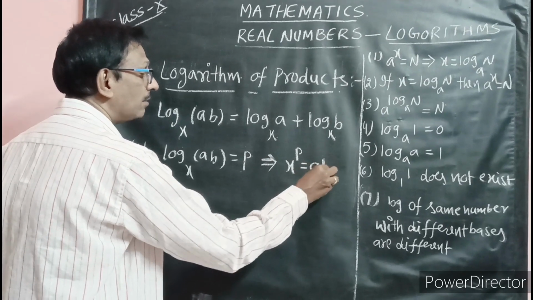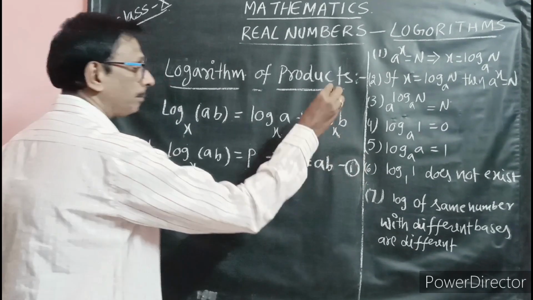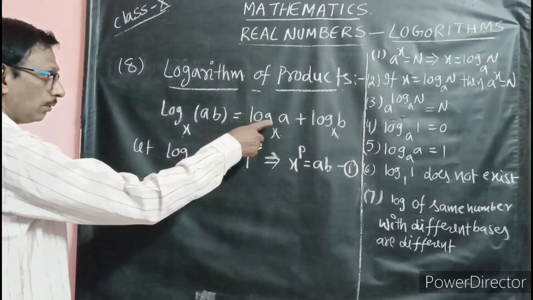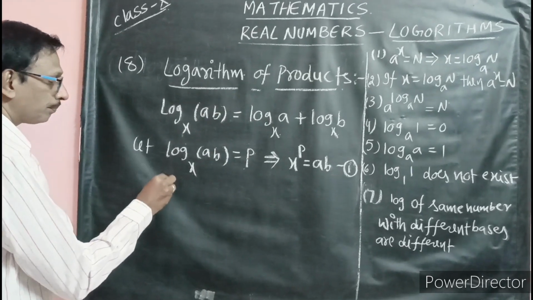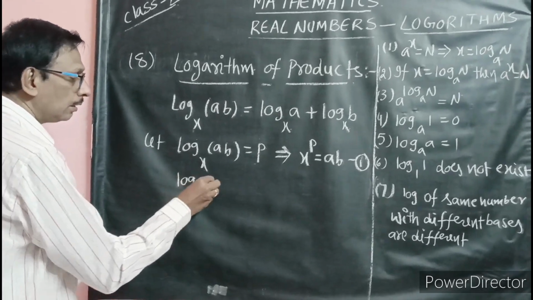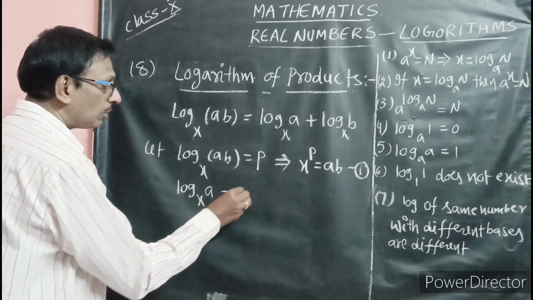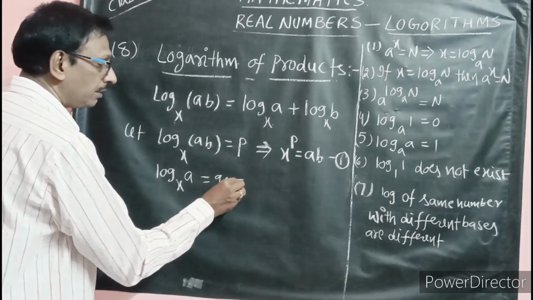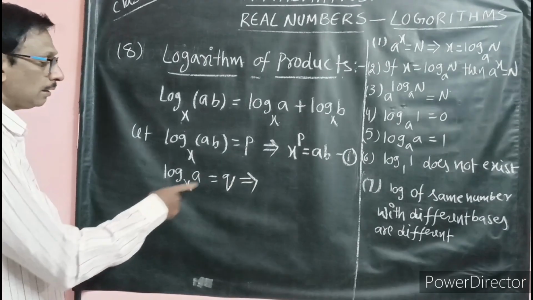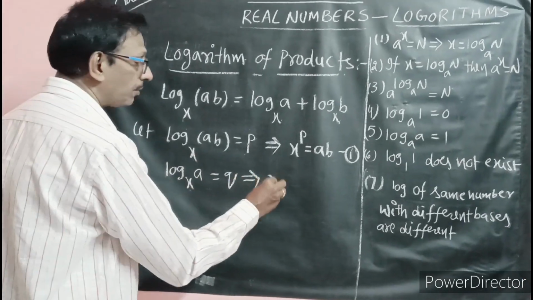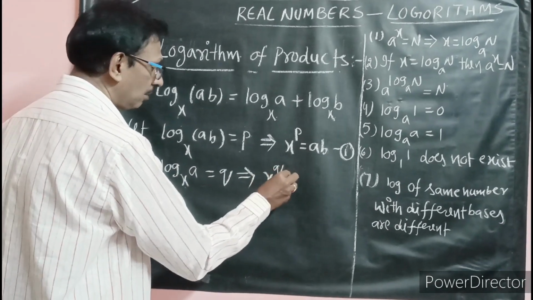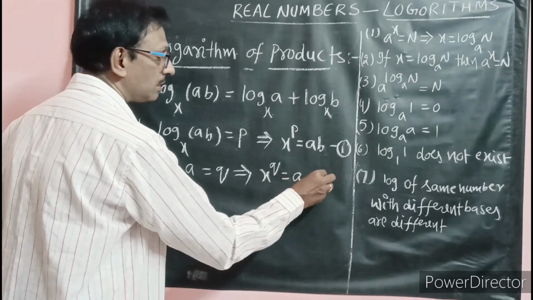It is equation number 1. Now you take this part, log a to the base x is equal to q, which implies x to the power of q is equal to a. This is equation number 2.